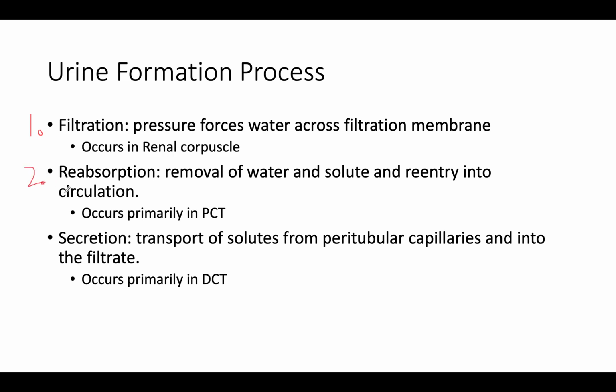Reabsorption is the removal of water and solute, or salt, and reentry into the circulatory system. This is going to happen primarily in the proximal convoluted tubule, primarily in the PCT. Also the loop of Henle as well.